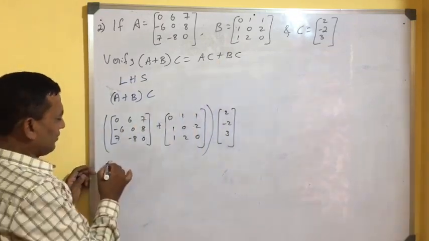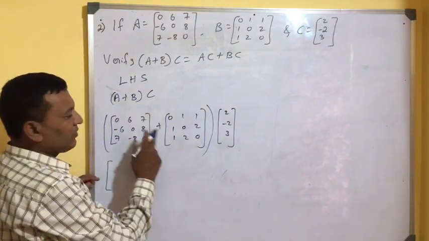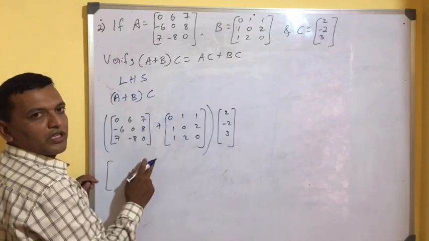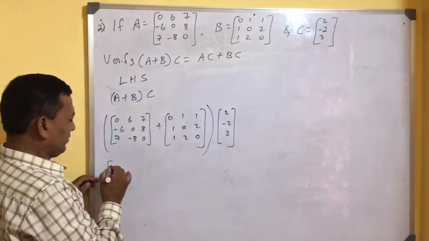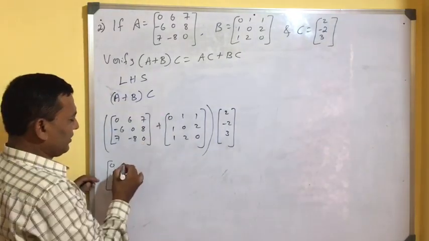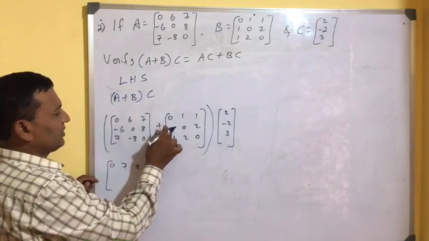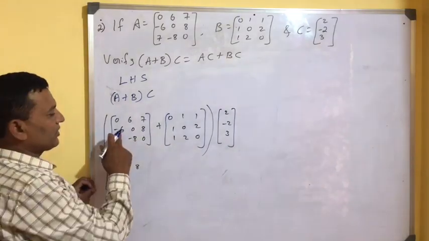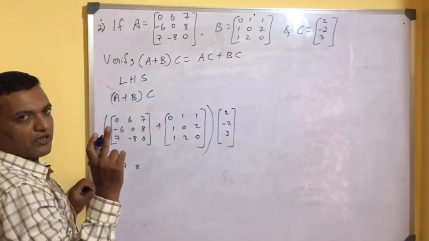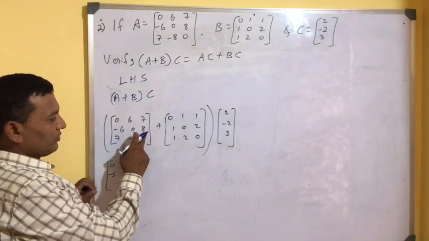Now when you are adding, to add two matrices they should be of the same order. Then we add the corresponding elements. Both are 3 cross 3 matrices. Now we add corresponding elements here. 0 plus 0 is 0, 6 plus 1 is 7, 7 plus 1 is 8. Minus 6 plus 1 is minus 5. If you have any confusion with signs in addition and subtraction, you can use a calculator. The calculator knows the rule, don't worry about that, but you should know the rules.